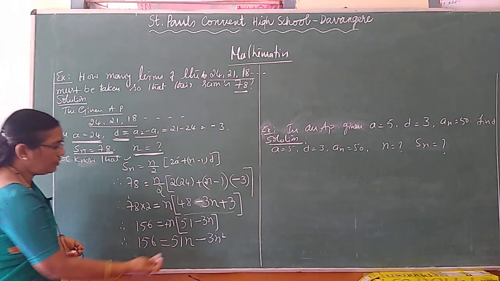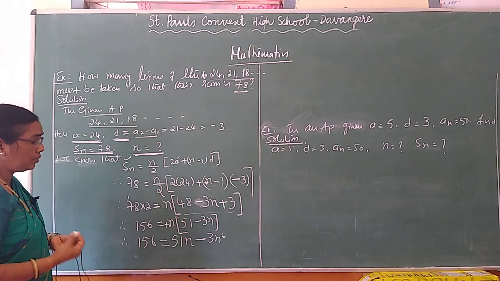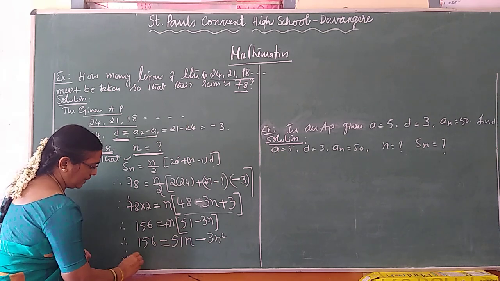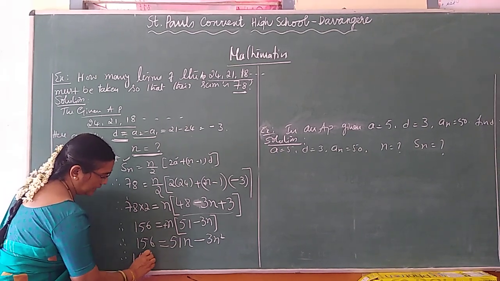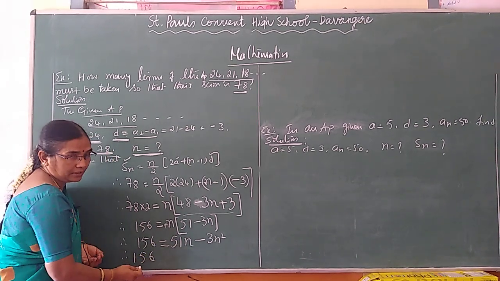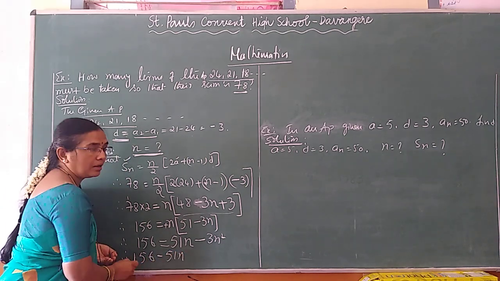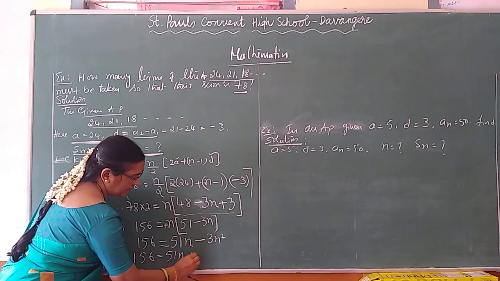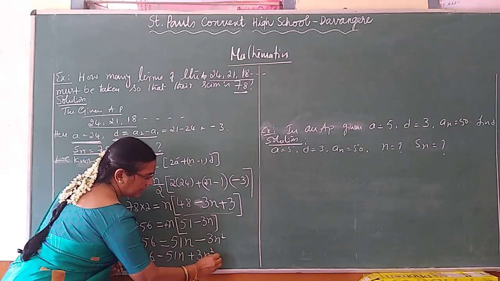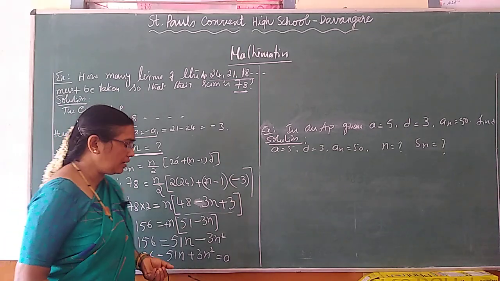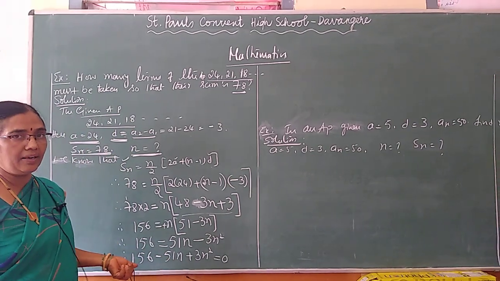Okay. Now you reduce it to the standard form of a quadratic equation. So I am taking 156 to this side, children. Minus 51n, and minus coming to this side becomes plus 3n square, that is equal to 0. Now you arrange the terms because it is a quadratic equation.